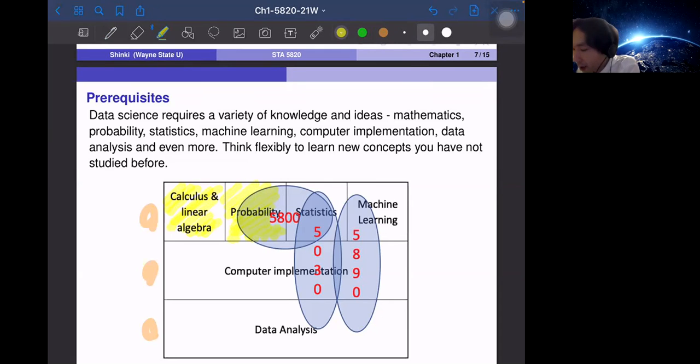Then we construct statistics beyond that. Then more complicated modeling in machine learning. After that, we do computer implementation and data analysis. In terms of flavor, the 50-30 is really similar to our course. So it needs more than mathematics: mathematical foundation, computer implementation, and data analysis.